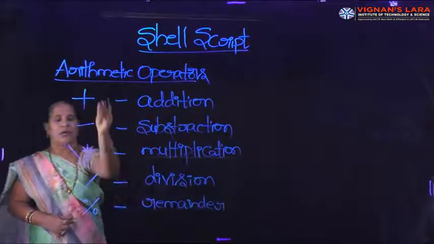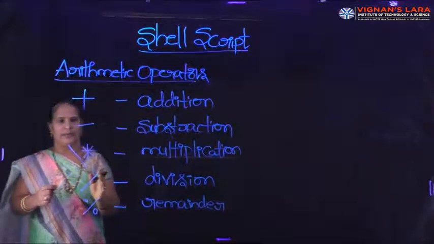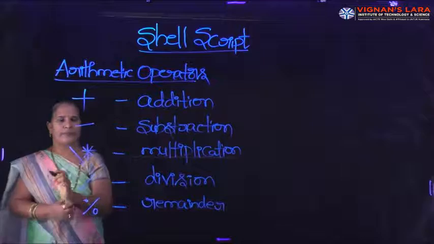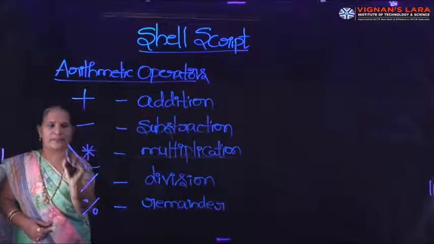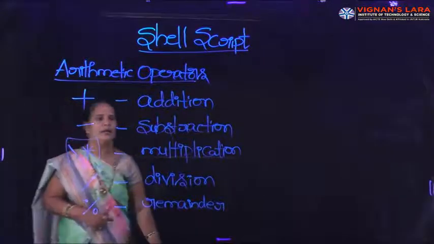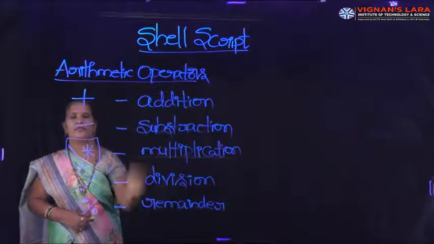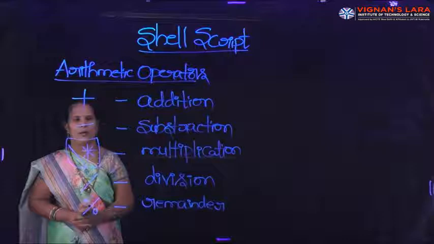All operators are similar in the C language, Java language, and Python language. Only one operator is different, that is slash star, which is used to perform multiplication. So all these are the operators used to perform arithmetic operations.